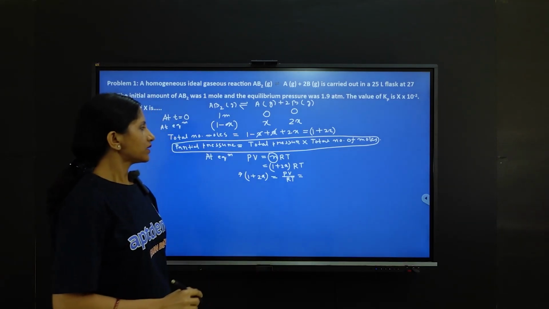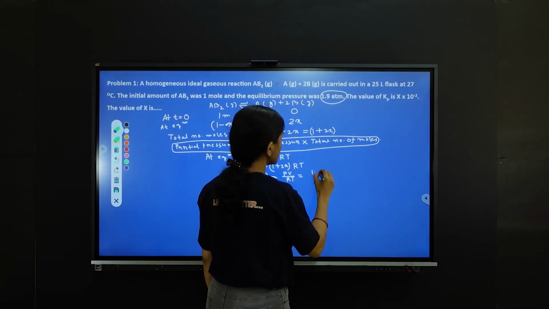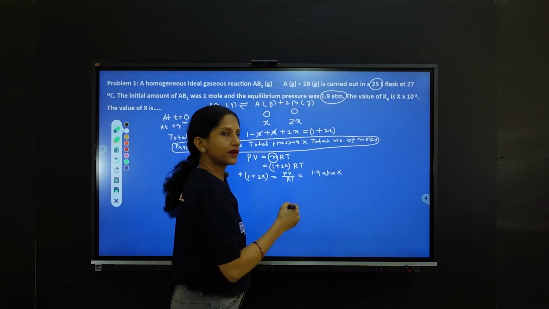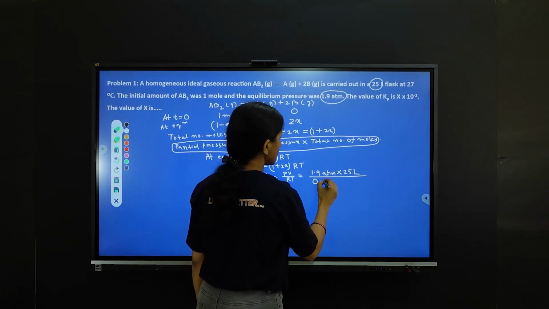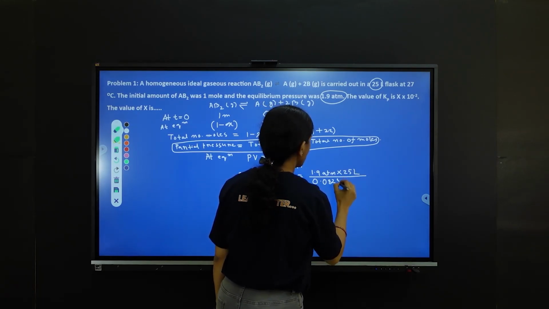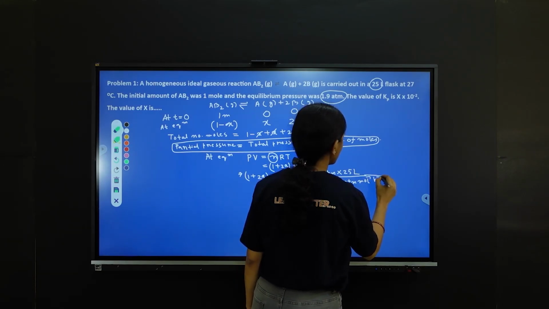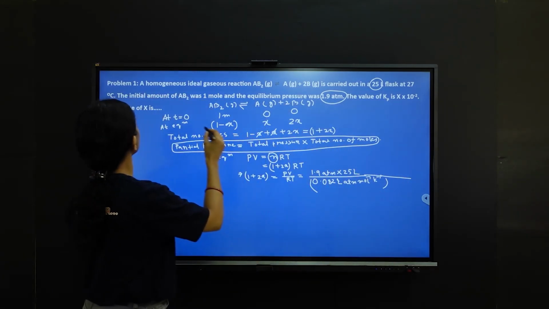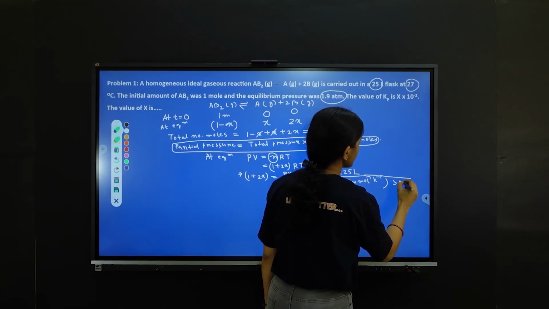Let's see what values are given. P is given as 1.9 atmosphere, V is 25 liter, R is the ideal gas constant, we can write it as 0.082 liter atmosphere mole inverse Kelvin inverse, and T is given as 27 degrees C, which in Kelvin is 300 Kelvin.